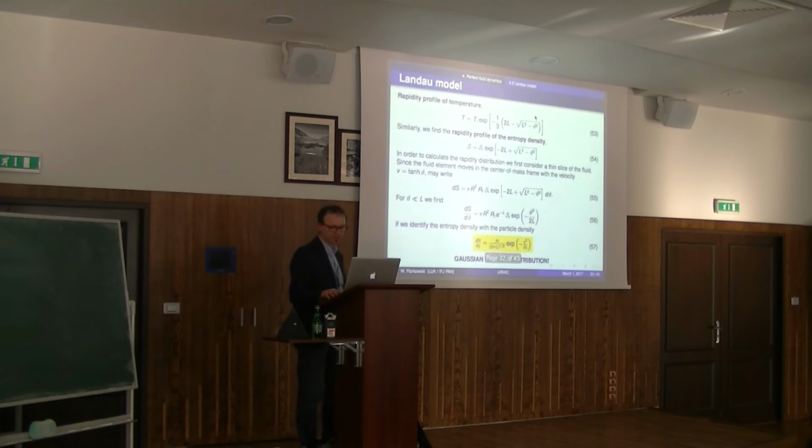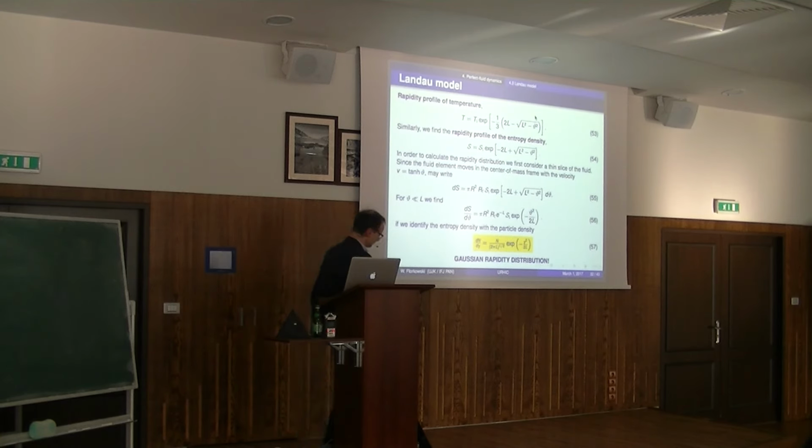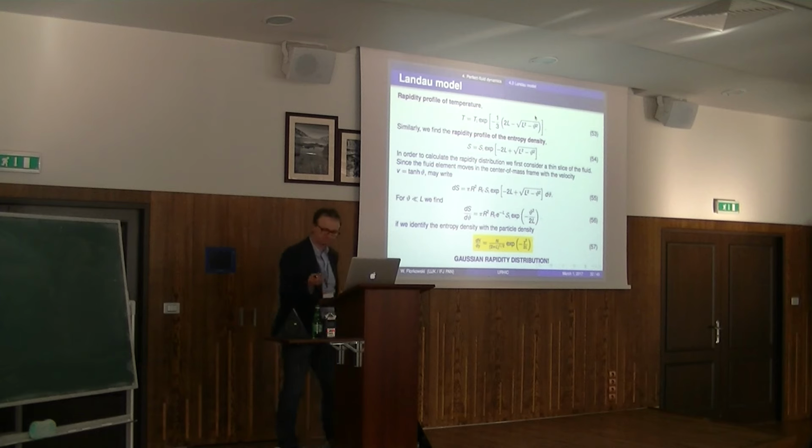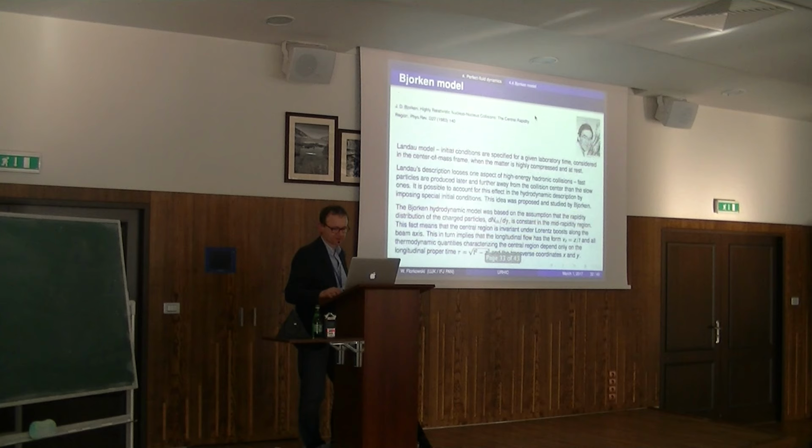You can also think here about this Gaussian. When y is much smaller than L, then the exponential is just constant. So this also gives some kind of flat distribution, to some approximation, in the central region.